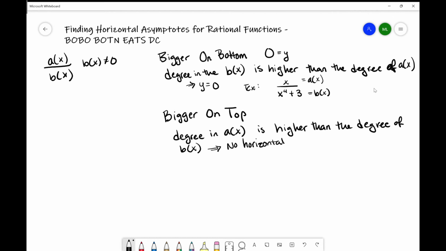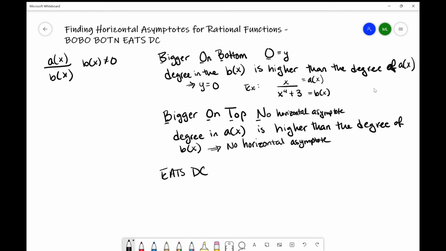So that's why it's called bottom, and that's where the N comes from. So basically it stands for no horizontal asymptote. So far we have bigger on bottom, y equals 0, Bobo, and then bigger on top, no horizontal asymptote. So we have Bobo bottom, and then that leaves us with eats DC.